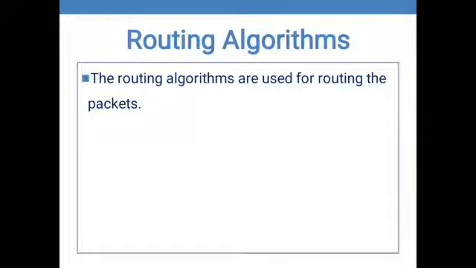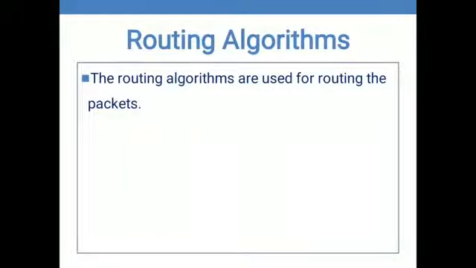So what is the main purpose of routing? A router is a networking device which forwards the packets based on the information available in the packet header and forwarding table. Its duty is to find the best path. How will it find the best path? By considering the packet header, which contains the address of the source and the address of the destination.